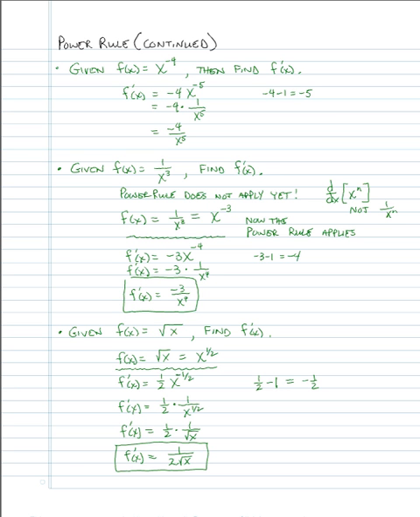So we see here the same situation that happened above. To the original function, the power rule did not apply. So the power rule didn't apply when we looked at this.